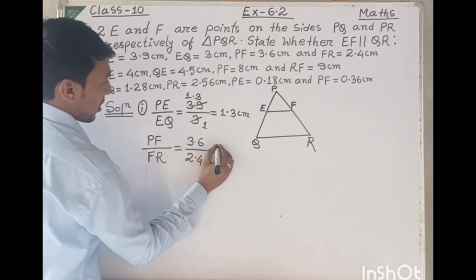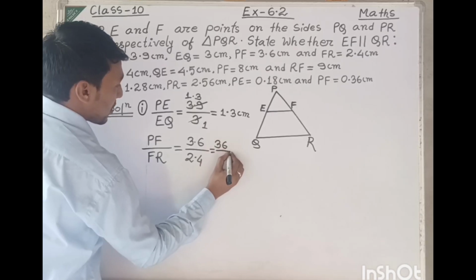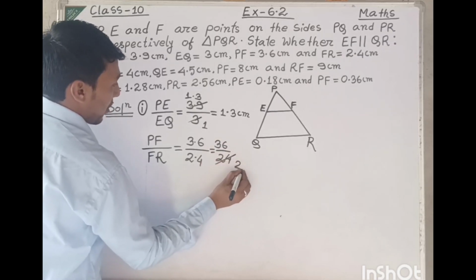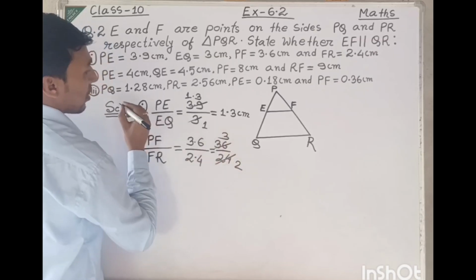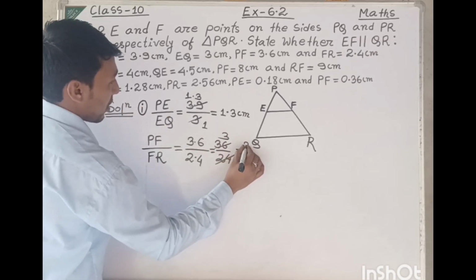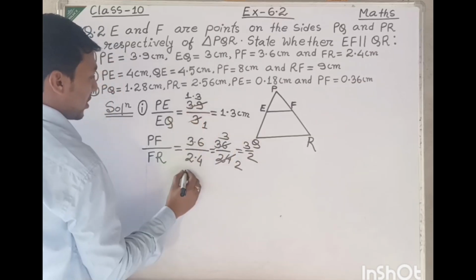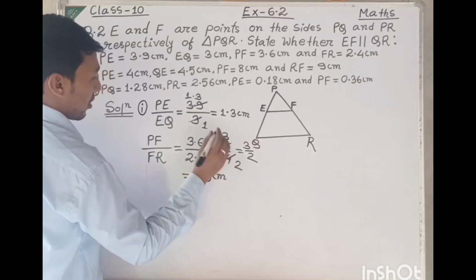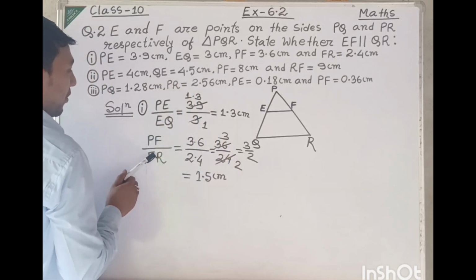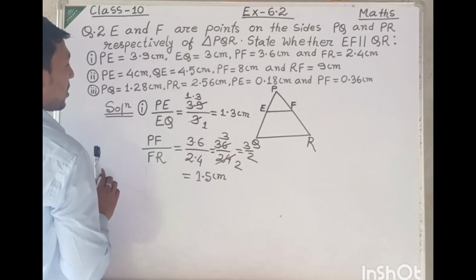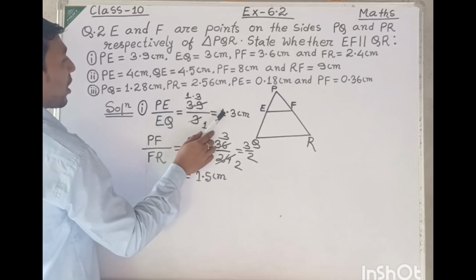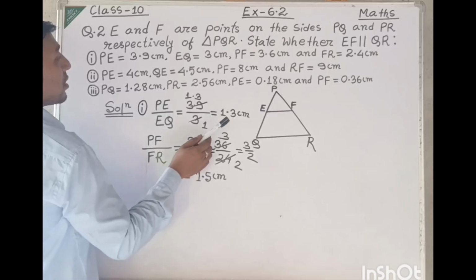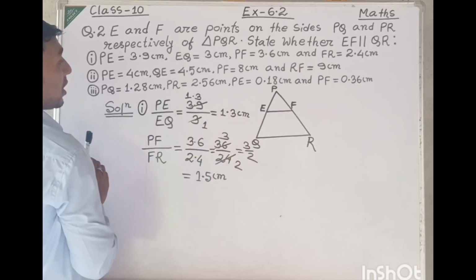So cancel the point and write without point 36 by 24. 12 2s are 24 and 12 3s are 36. 3 by 2. When you divide this, you will get 1.5 centimeter. Now PF by FR ratio I have got 1.5 centimeter and PE by EQ ratio I have got 1.3 centimeter. So these two values are not the same. So I can say these two lines are not parallel with each other.